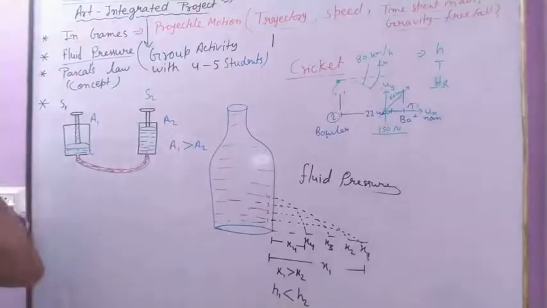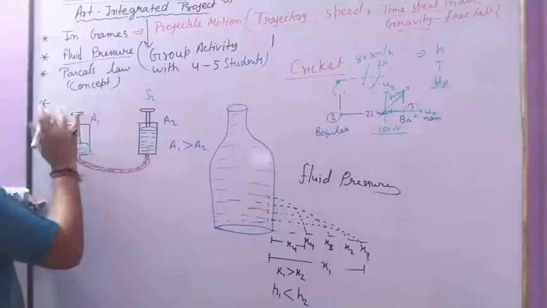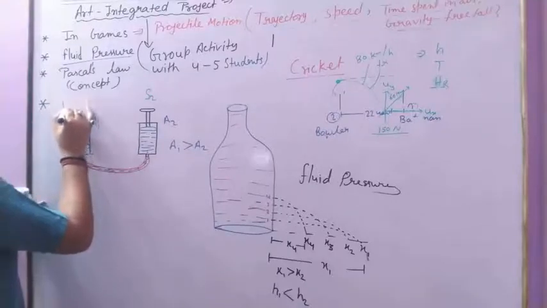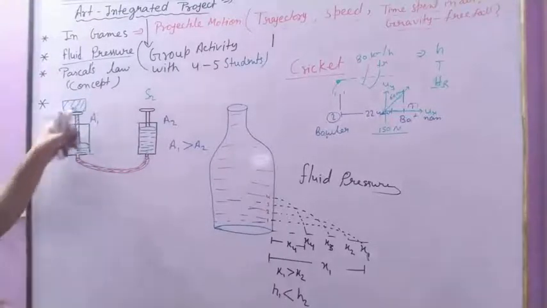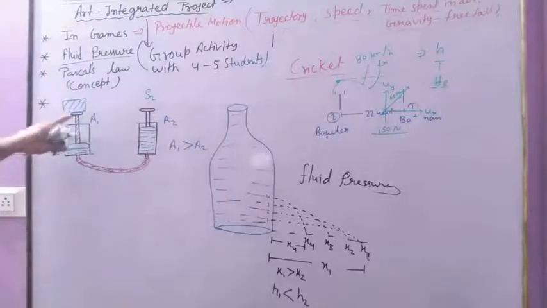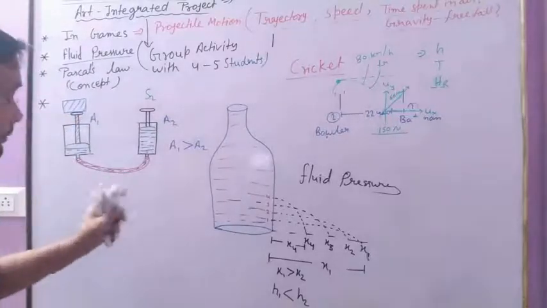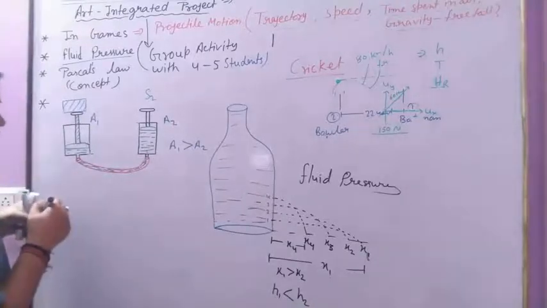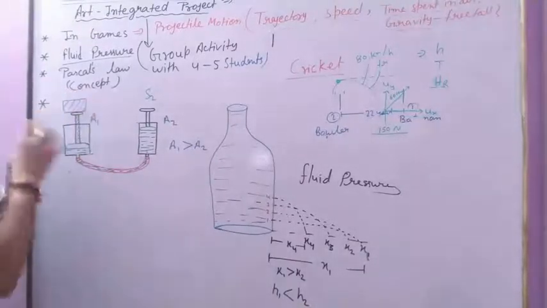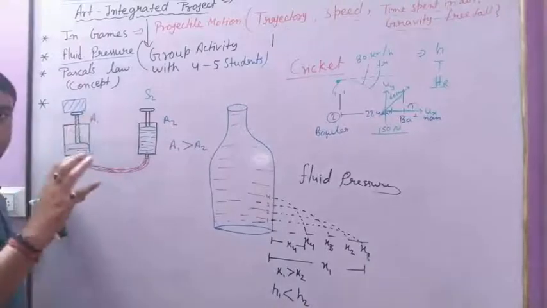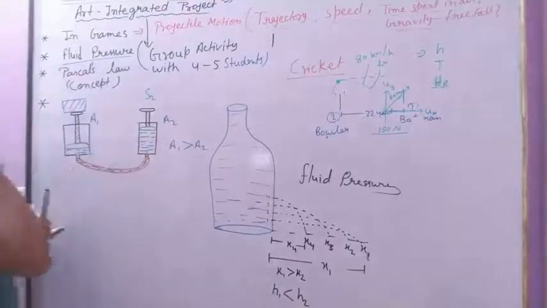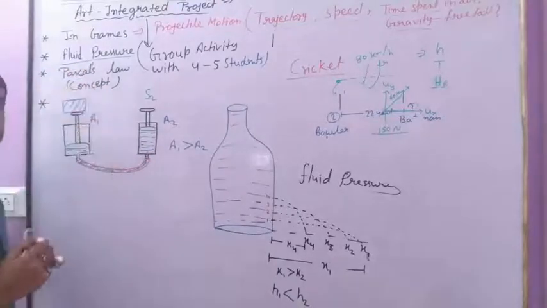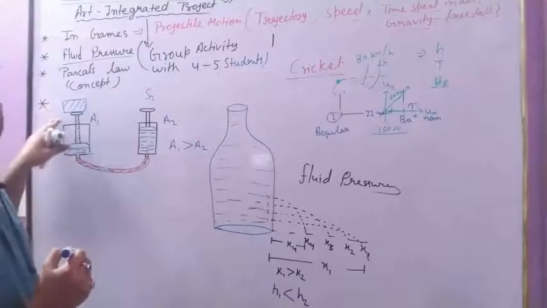So I will put a heavy object on the head of syringe 1, and because it is heavier, we have to apply a huge amount of force to lift it higher than it is actually.